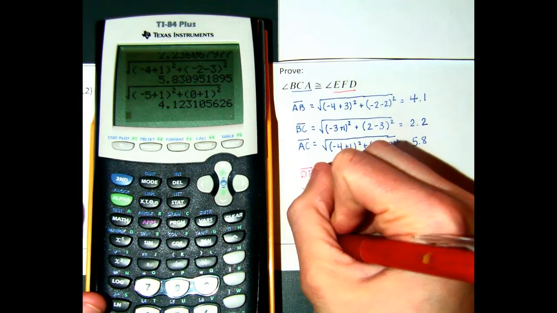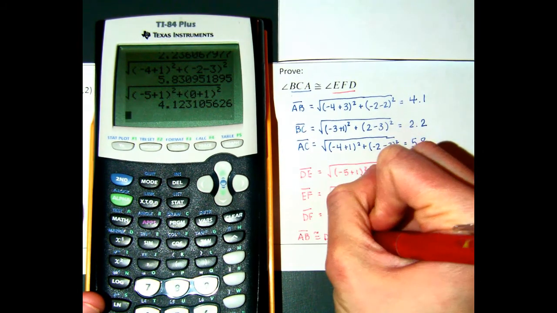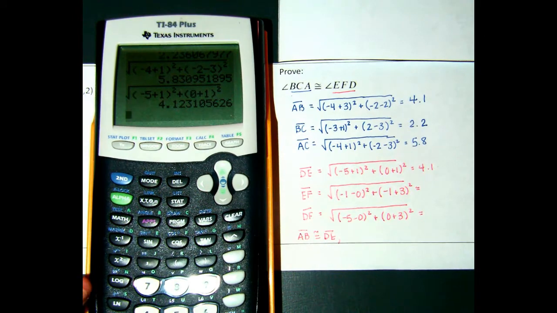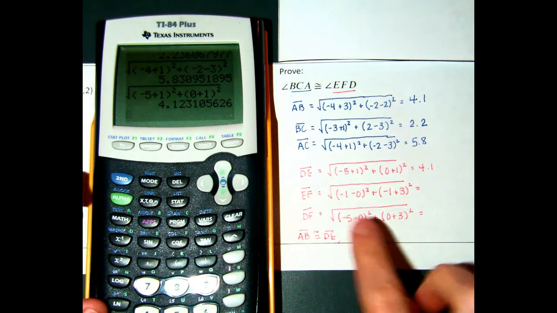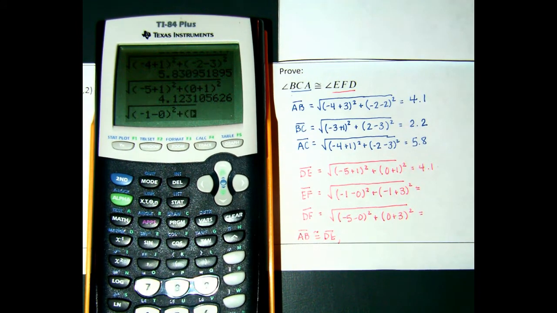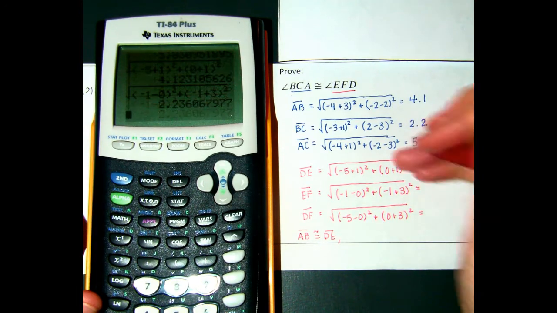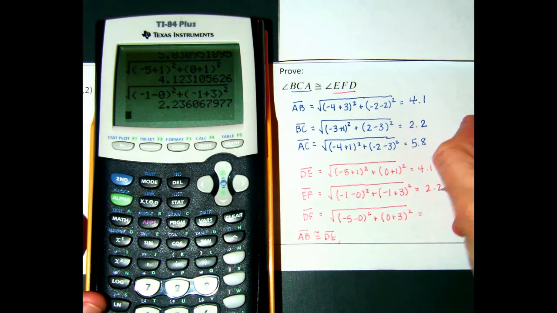So AB is congruent to DE. Alright, let's go to EF. Would be nice if they were all congruent in the order, but we'll see. Negative 1 minus 0 squared plus negative 1 plus 3 squared. It's 2.2, and they're going to be in the order.